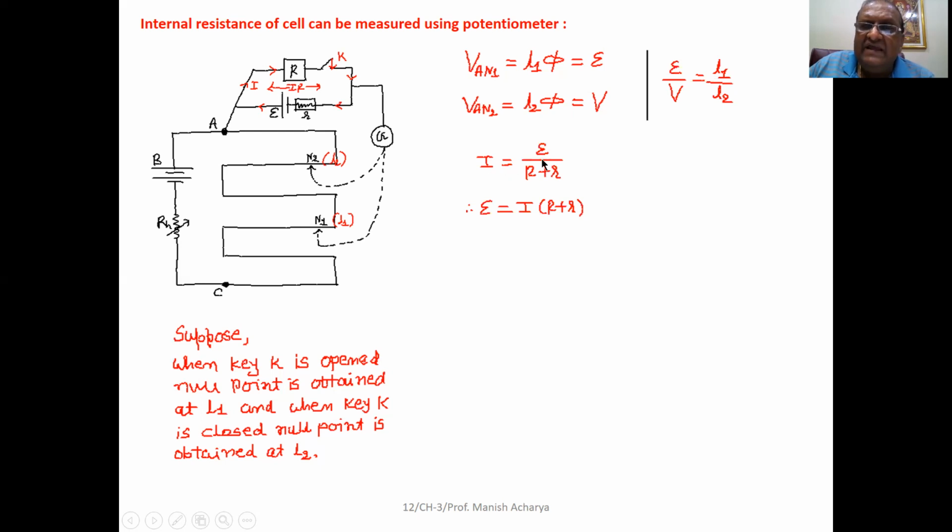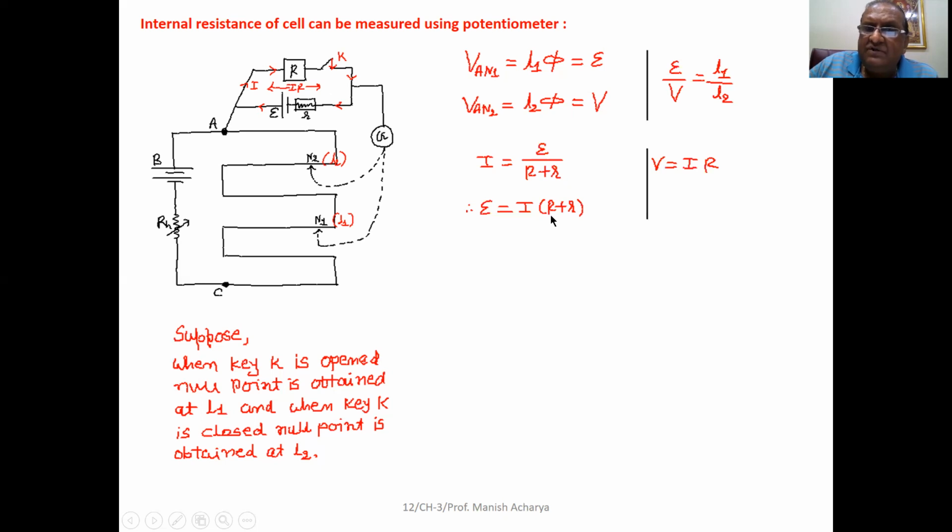Now what is this current? That is I equal to E upon R plus r. So we can write E equal to I into R plus r, and terminal voltage V equal to IR, the potential difference across the resistance also.